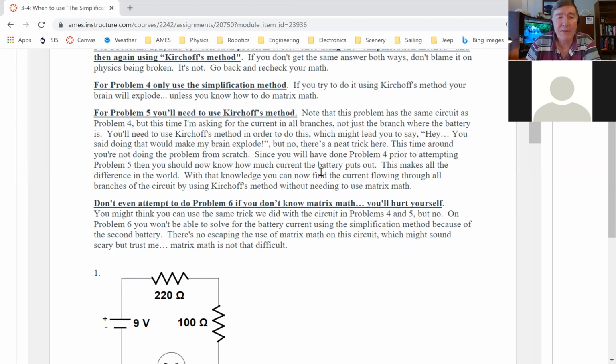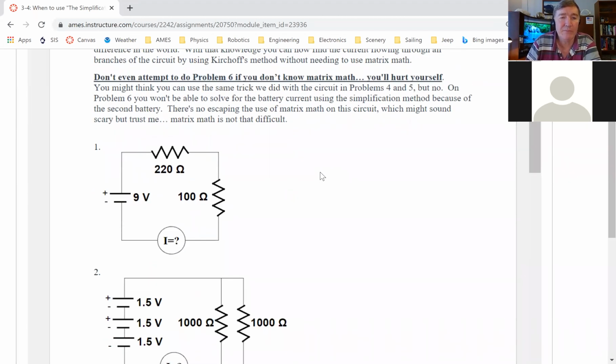Okay, so with that in mind, here is the first problem. So I want you guys to work on it right now. I'm going to sit back quietly. I'm going to give you guys 4 or 5 minutes, and I want you to do it both ways. When I say do it, what I mean is I want you to calculate what is the current at that point right there.